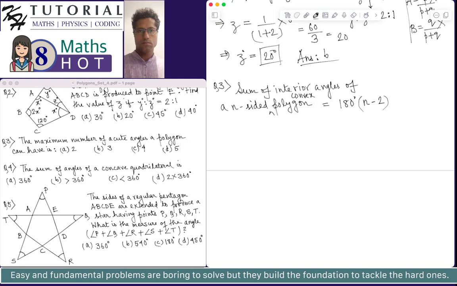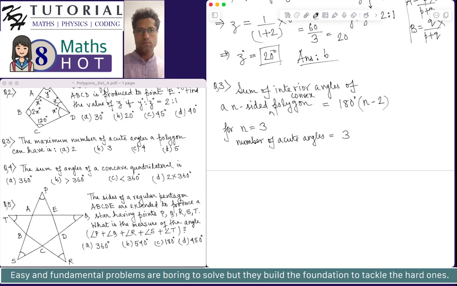In a triangle, for n equals 3, we know the number of acute angles is equal to 3.